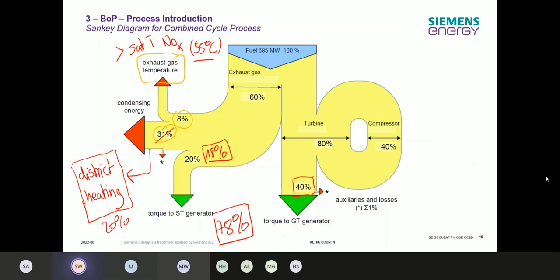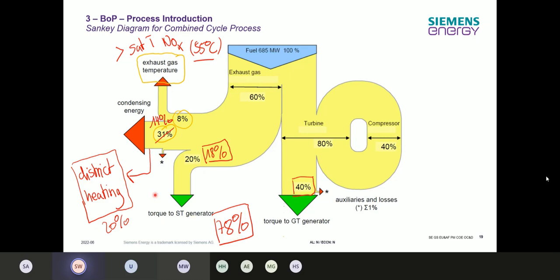So we're reducing our condensing energy, the energy we're throwing away, and therefore increasing our overall efficiency. So from 100% fuel which we are paying, we're now using probably 78% instead of 60, 62%, or on an older power plant, probably 55%.